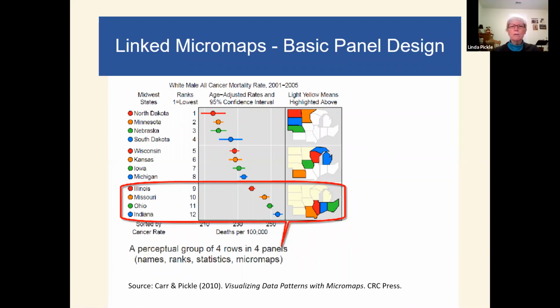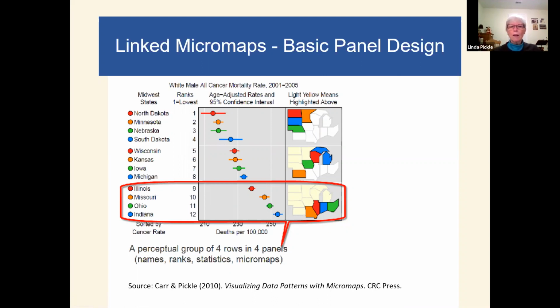The color now is not implying a value. It's merely a way to read across the row and find that place on the little map. You'll also notice that the states are grouped here in groups of 4. So 4 or 5 is typically what we use. We call these perceptual groups.